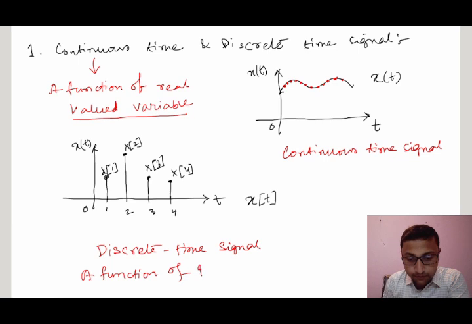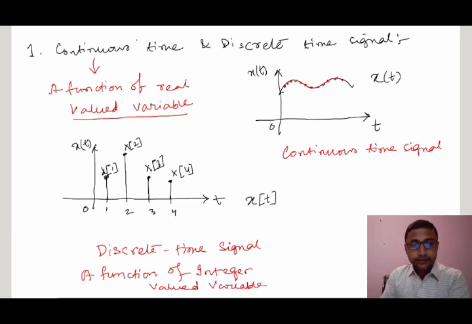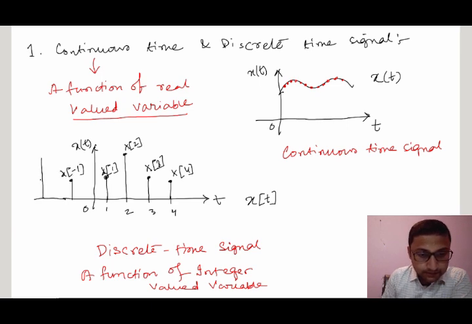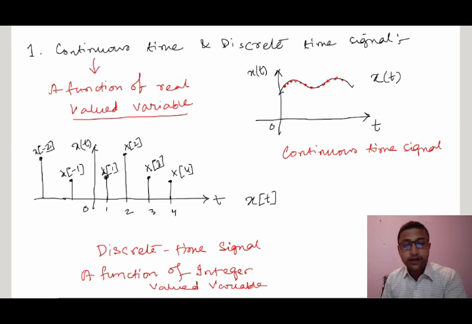The discrete time signal may also be called a function of an integer valued variable. That means in the negative x-axis there may be some points. Suppose this is x minus 1, suppose this is x minus 2.